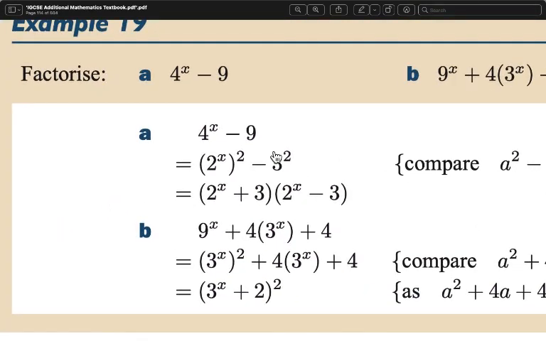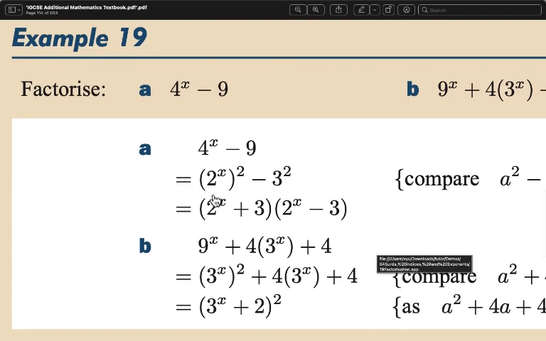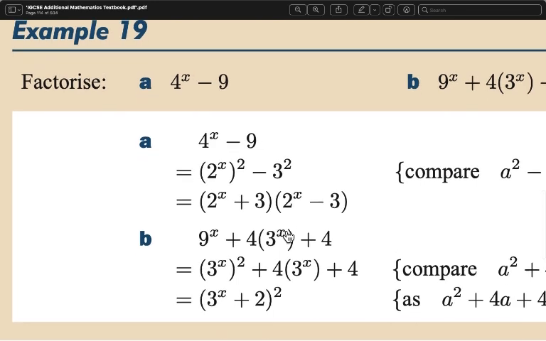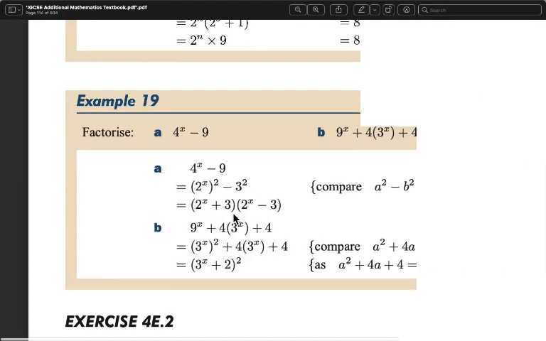As both are squares, it can be identified as a squared minus b squared, which equals (a plus b) times (a minus b). In this case, a is 2 to the power of x, and b is 3. So the final factorization is (2 to the power of x plus 3) times (2 to the power of x minus 3).